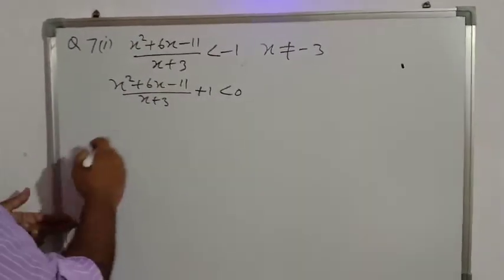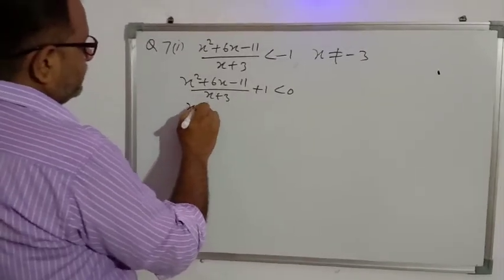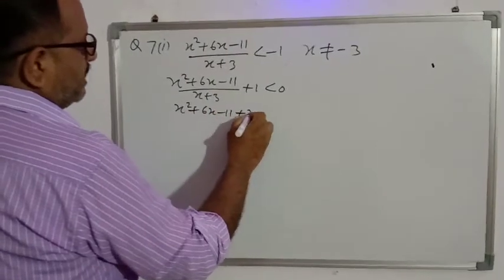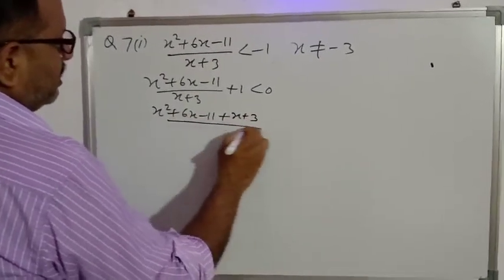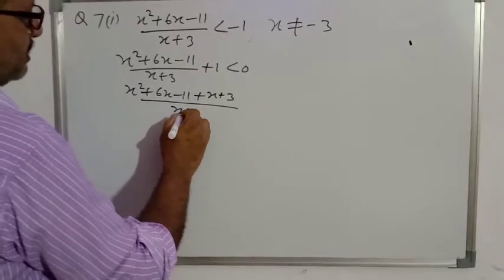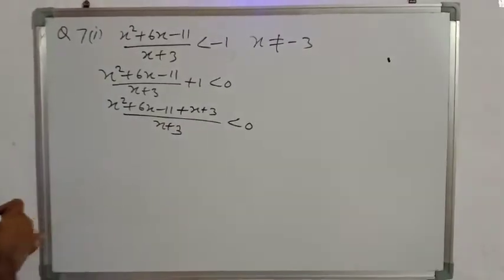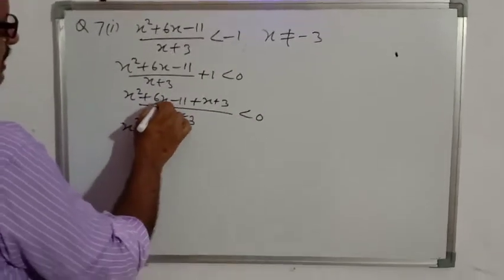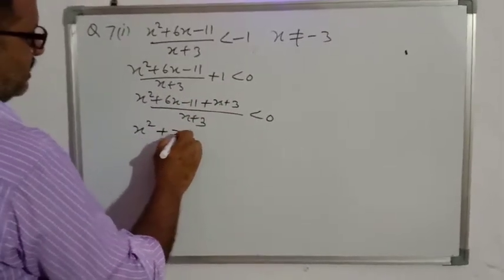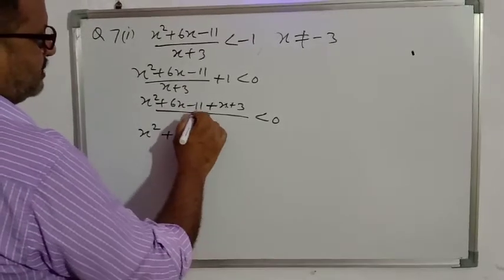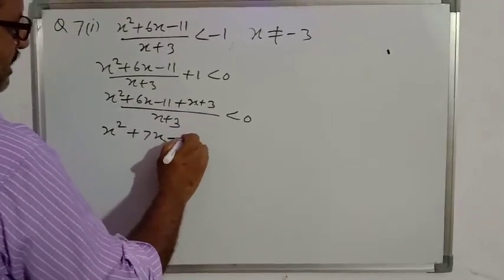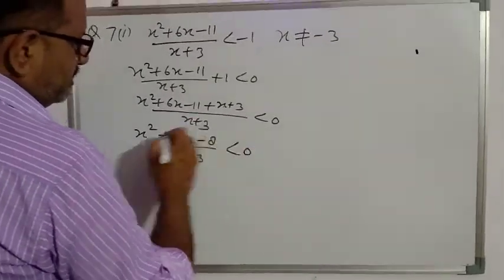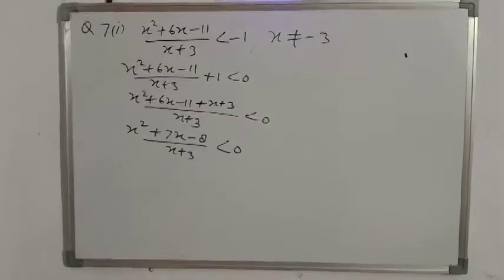Take the LCM and simplify it: (x square plus 6x minus 11 plus 1 into x plus 3) upon (x plus 3) less than 0. Simplify it: x square, 6x plus x, 7x, minus 11 plus 3, minus 8, upon x plus 3, less than 0.